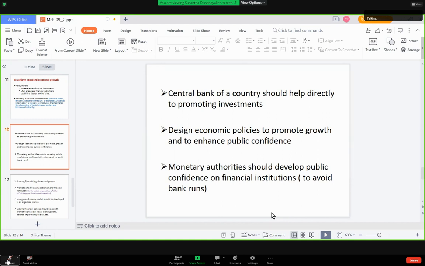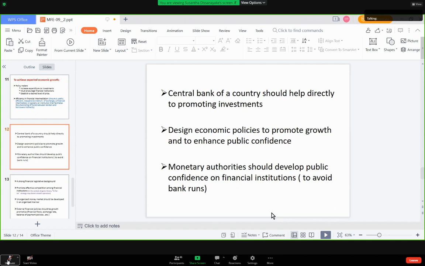That's why, to build public confidence, the central bank also acts as a lender of last resort. If any financial institution is near collapse, they bail it out. If any financial institution suffers from any administrative issue, the central bank intervenes and makes solutions, with assistance like that.